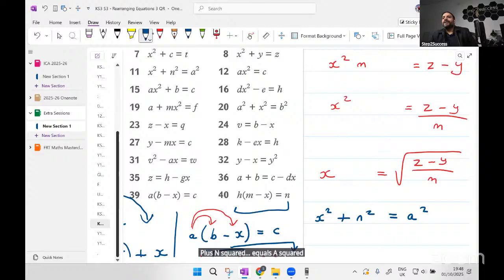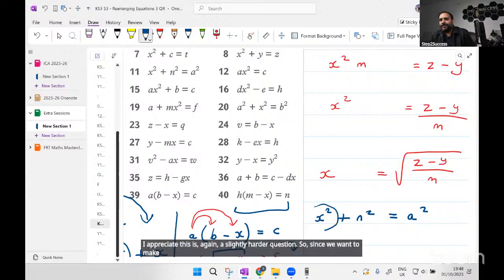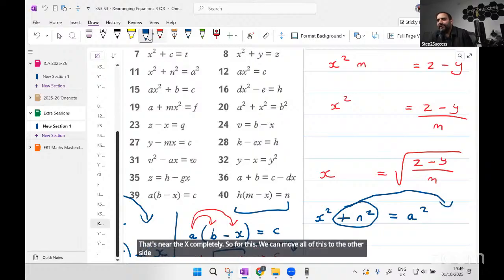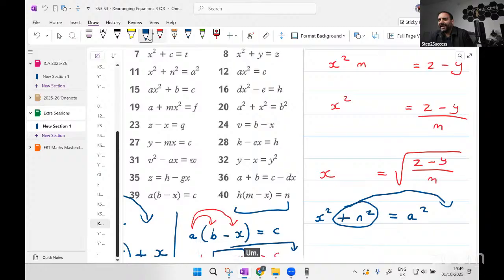I appreciate this is again a slightly harder question. Since we want to make x the subject, what we should do is get rid of anything that's near the x completely. So for this, we can move all of this to the other side. We don't have to do the square root thing here because we're not trying to just get the n on its own. We're just trying to move the whole thing away.